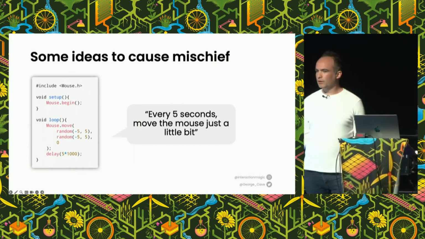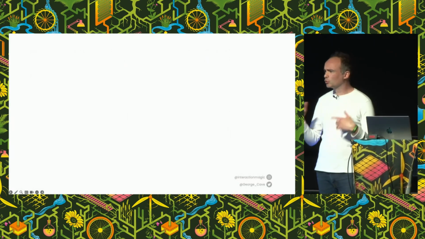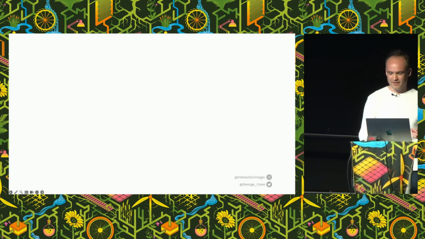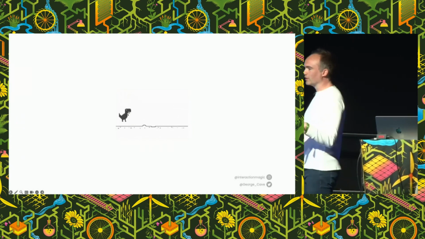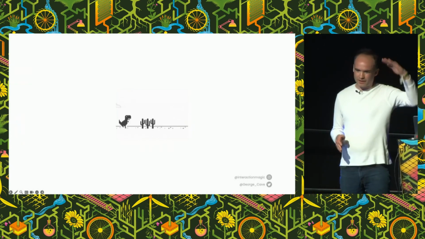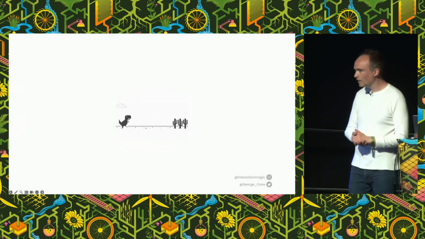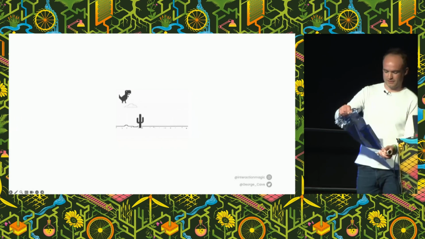So I wanted to give you a demo of this and do this live on stage. I was trying to think of a good one-button game we could play together, and I thought we might try and play this game. What I'd like to do is jump up and down on stage here in front of you and make this Dino jump up and down in the game. The way we're going to do this is with some aluminium foil.